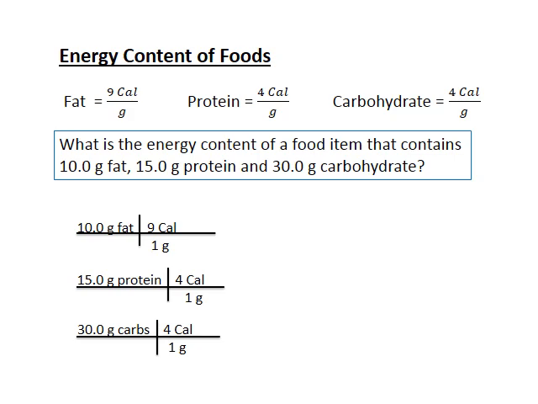So if I plug those in and then multiply through the top, divide by the bottom here, I get 90 calories contribution from the fat, 60 calories contribution from the protein, and 120 calories contribution from the carbs for a grand total of 270 big food calories, not science calories. That would be 270,000 science calories.